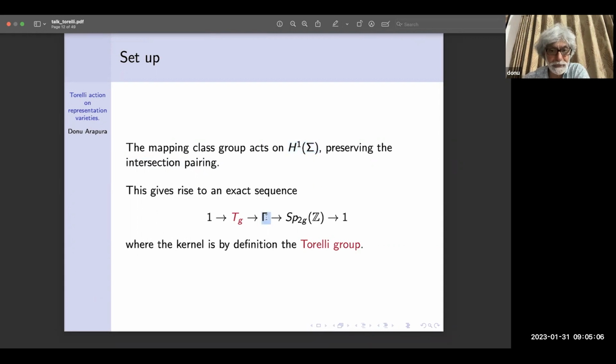So gamma, the mapping class group, will map to the symplectic group, and it's actually an onto map. And the kernel is by definition the Torelli group, which is the main player for this talk. It's written as T_G, or if G is fixed, just T. And that's a somewhat mysterious group, which one would like to understand.